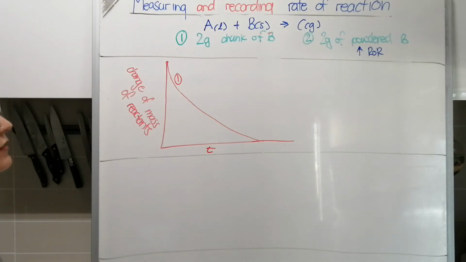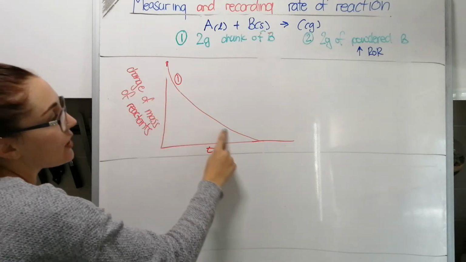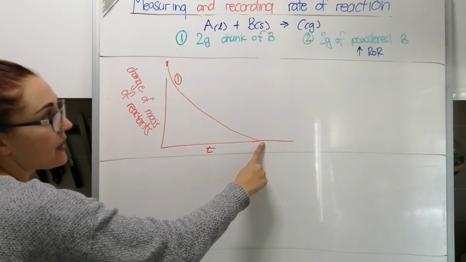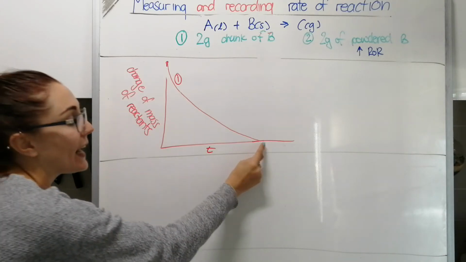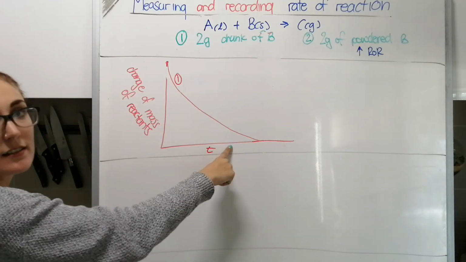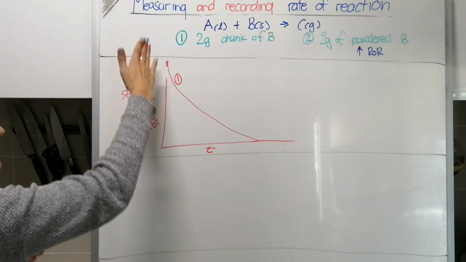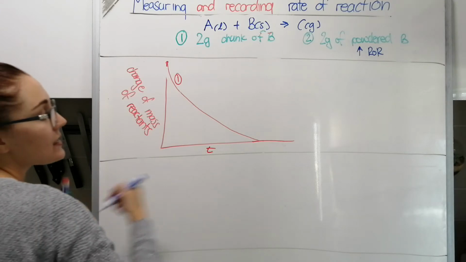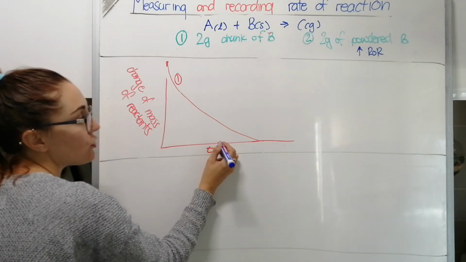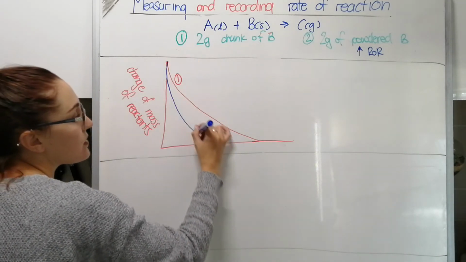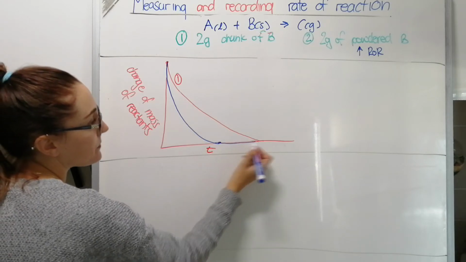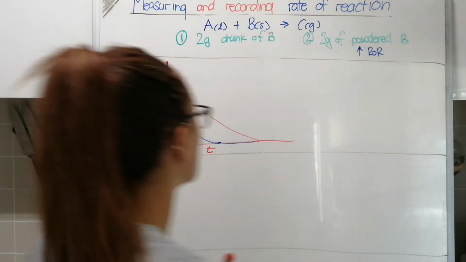So if A and B run out sooner, here they ran out after, let's say, 10 seconds. In the second experiment, they're going to run out in less than 10 seconds. They're going to run out sooner. So it starts at the same place, it's steeper, and it crosses the x-axis sooner. We run out of reactants sooner. Okay, so this is what our graph will look like.